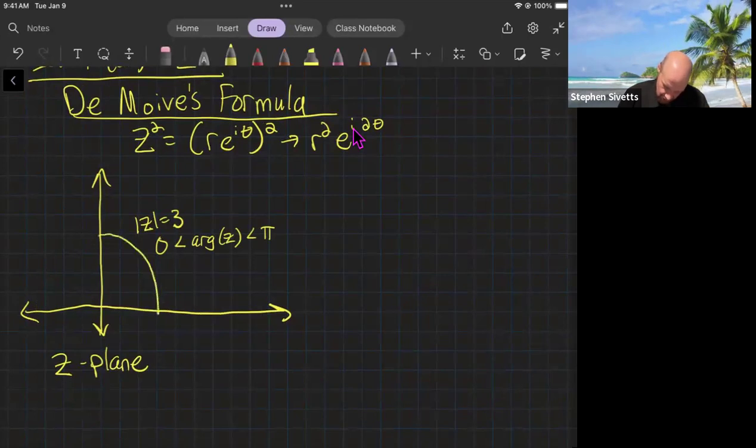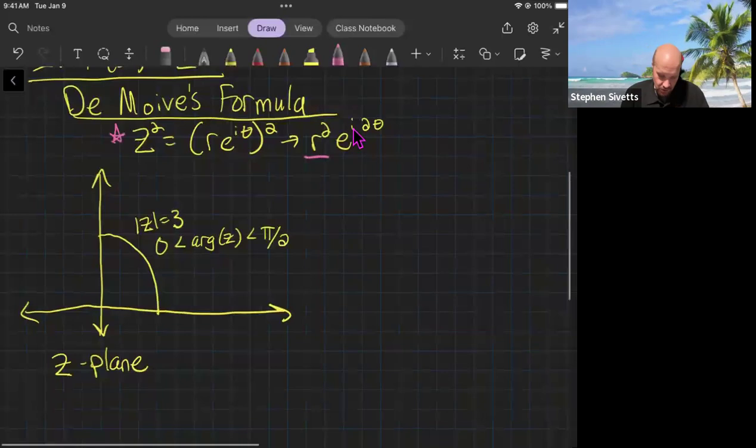The radius is the same, but the argument theta ranges from 0 to pi over 2. Now in this function, z squared, all we have to do is square the radius and double the angle.